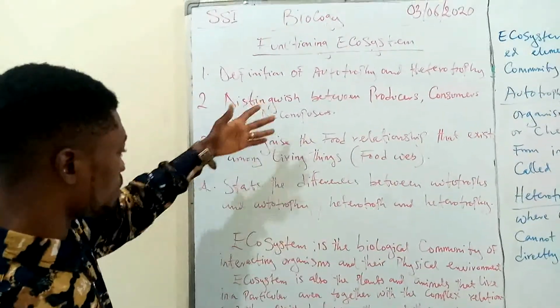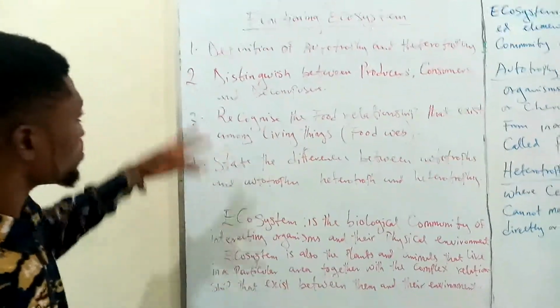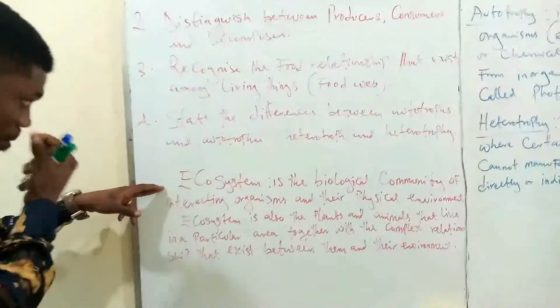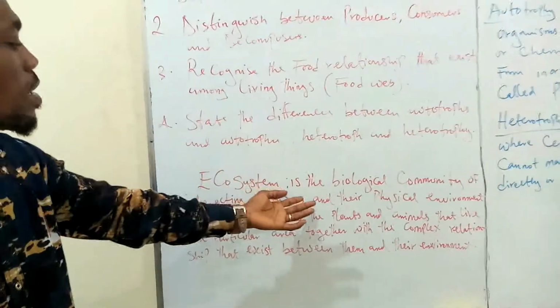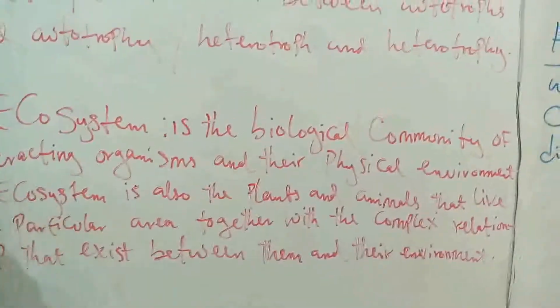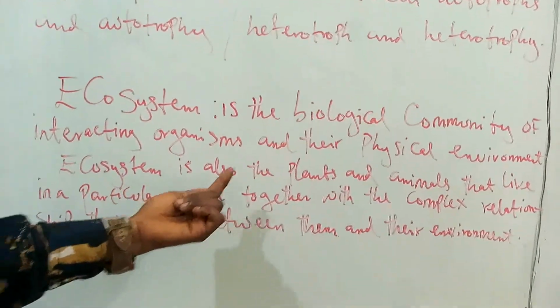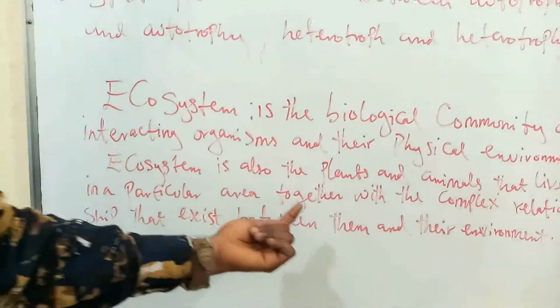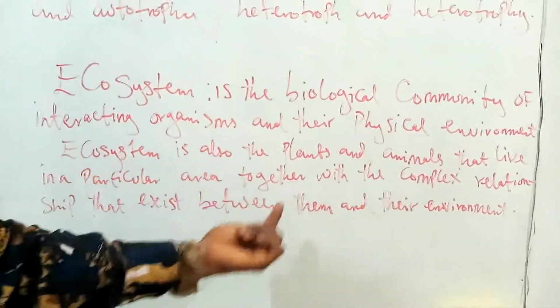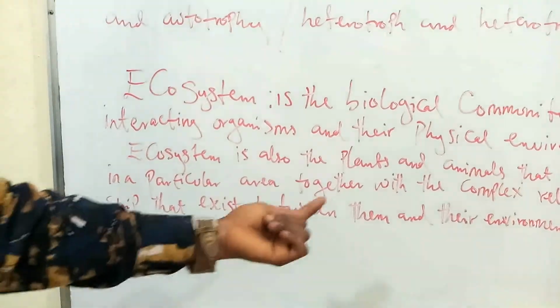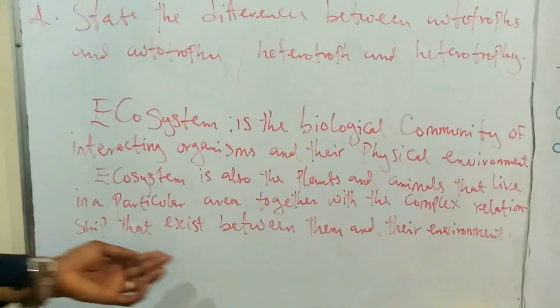So before we go further, let's take a recap of what we've done before. The ecosystem. We said ecosystem is a biological community of interacting organisms and their physical environment. The ecosystem is also the plants and animals that live in a particular area together with a complex relationship that exists between them and their environment.